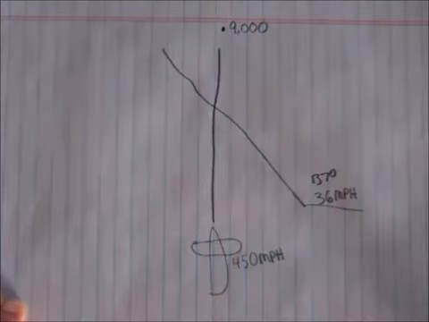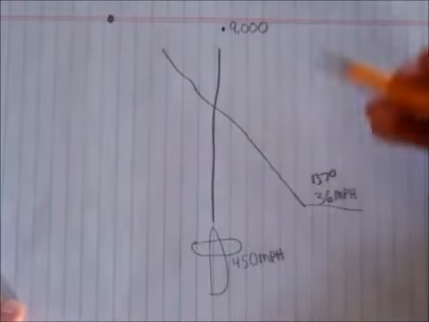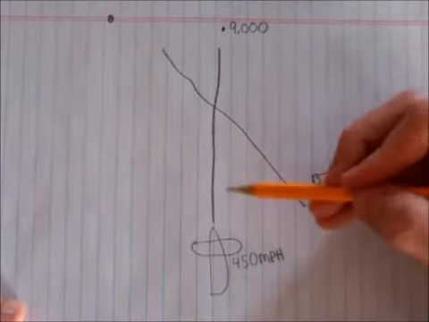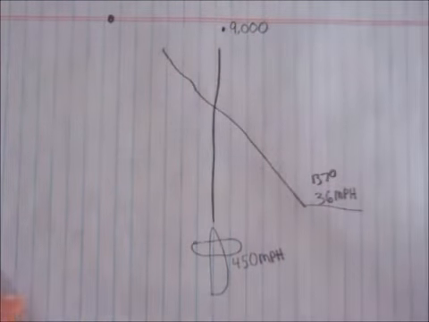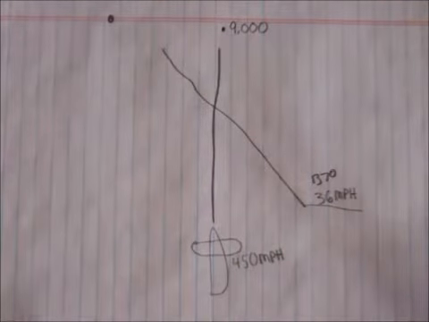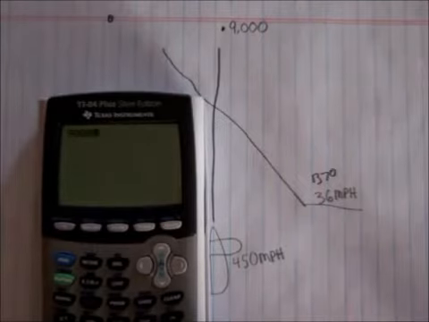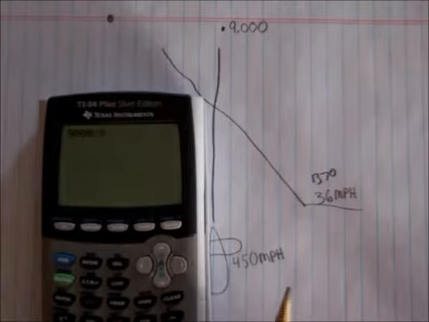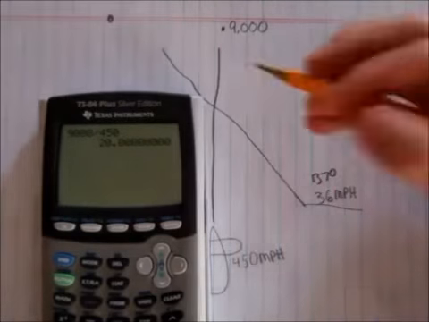So to figure out how far west this wind is going to blow us, we need to first figure out how long it will take to get from point A to point B. To do this, all we do is take 9,000 divided by 450, which ends up equaling 20 hours.